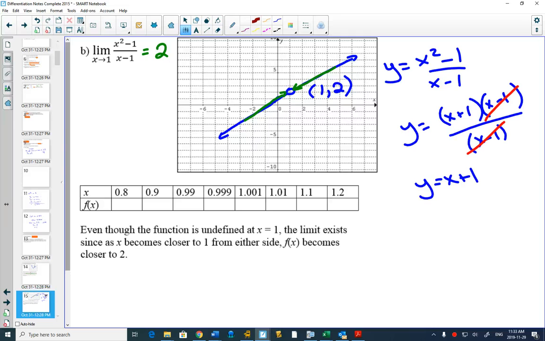What we'll do algebraically for limits is very similar to what we did algebraically to graph them, right? Once it was simplified, you could graph it. So with our limit, we can't plug in 1 yet.